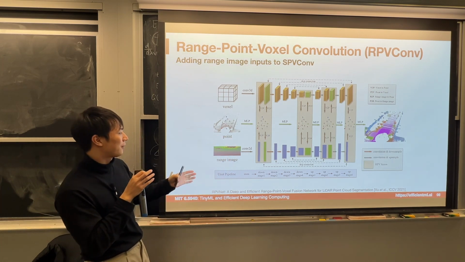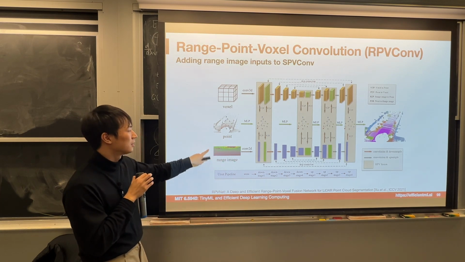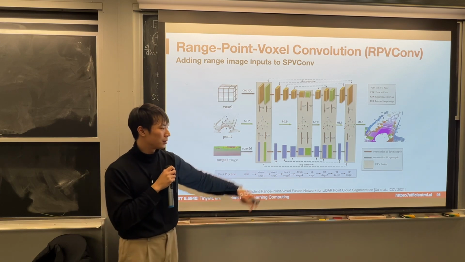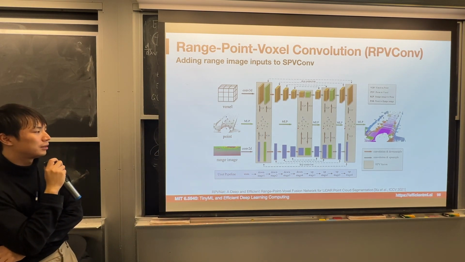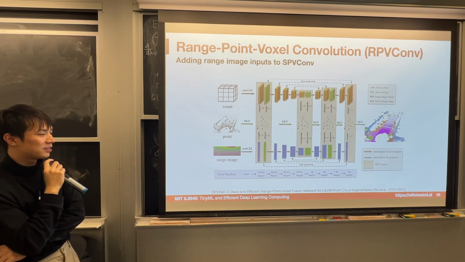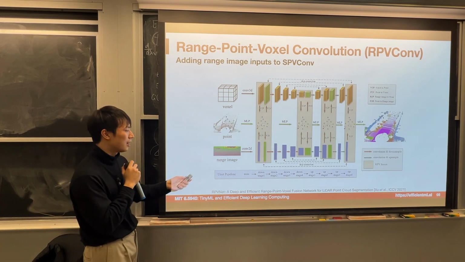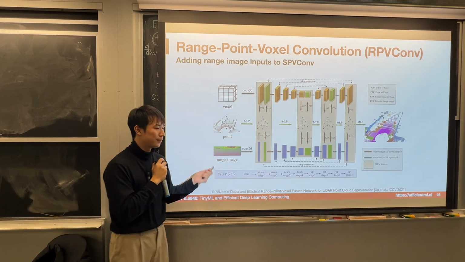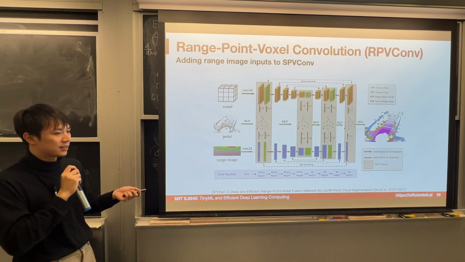Imagine you are driving, you look at the frontal view, and you get the depth of each pixel. They feed the range image to the model, which also gives you better accuracy. So this is about how we utilize different representations of the same scene to give you more information without breaking efficiency, because the range image is simply a 2D image, so it's super lightweight to process.